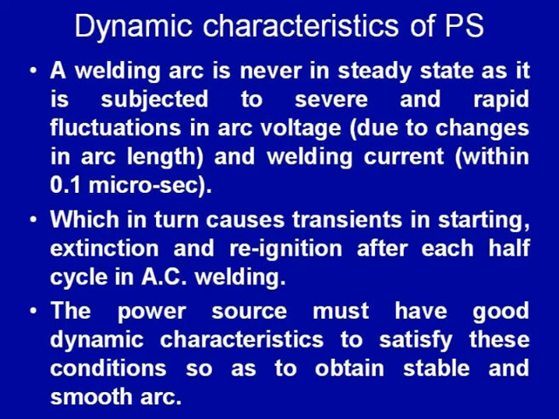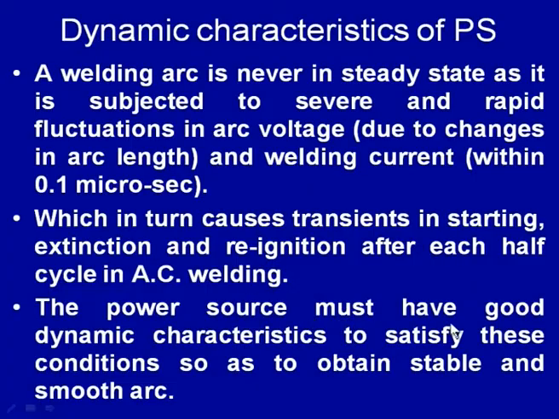As we know, the welding arc is never in a steady state, as it is subjected to severe and rapid fluctuation in arc voltage, and this mainly happens due to changes in arc length and the welding current. These things change very rapidly, say within 0.1 microsecond.